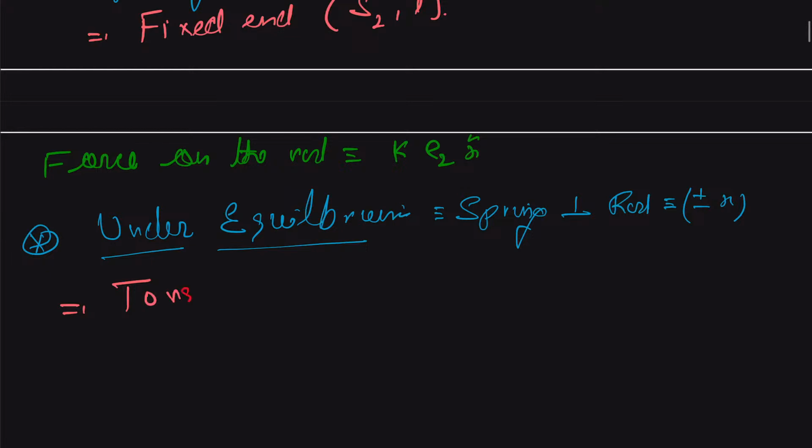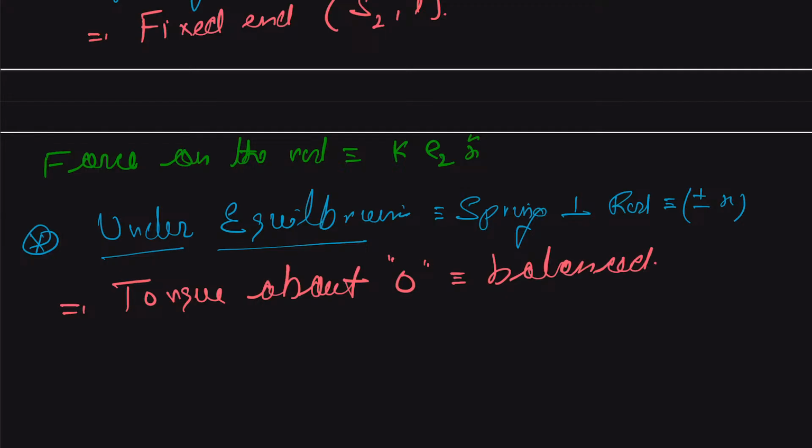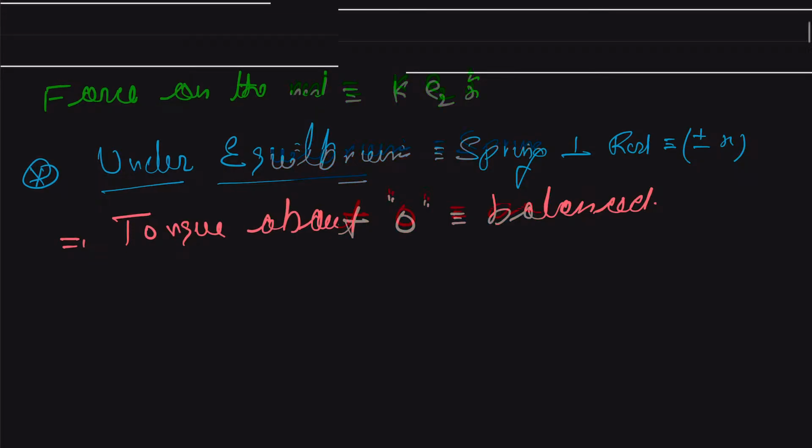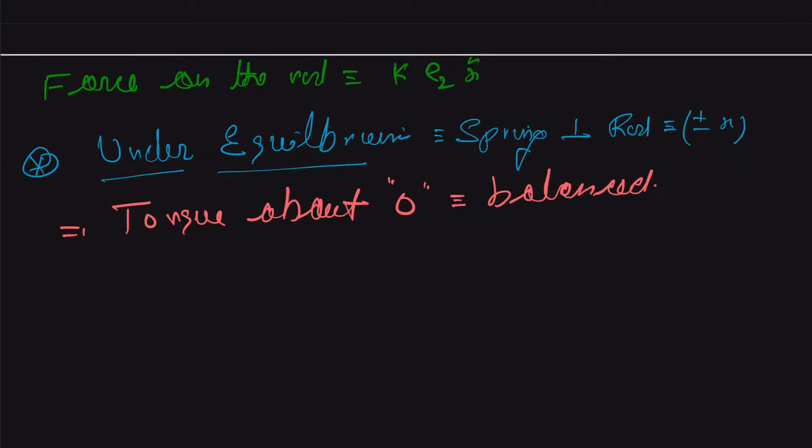We can say their torque about point O is balanced. And we already know the forces at the midpoint as well as at the top. So now we are going to find out the respective torques.